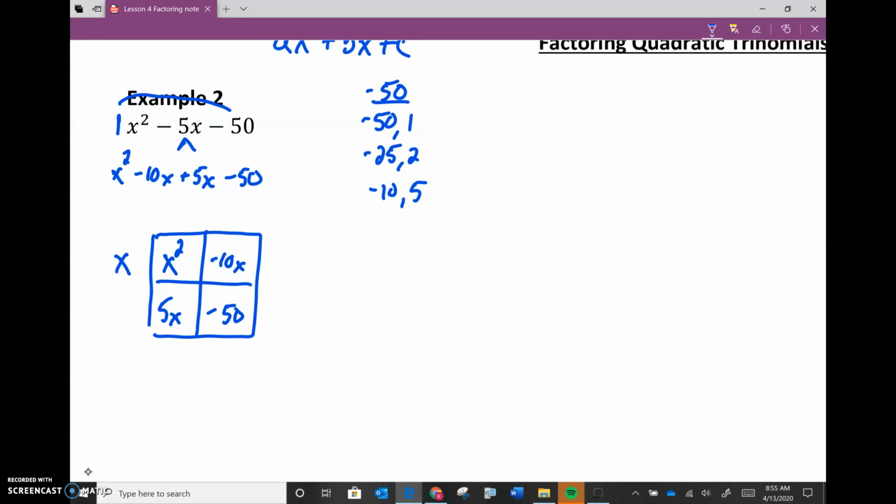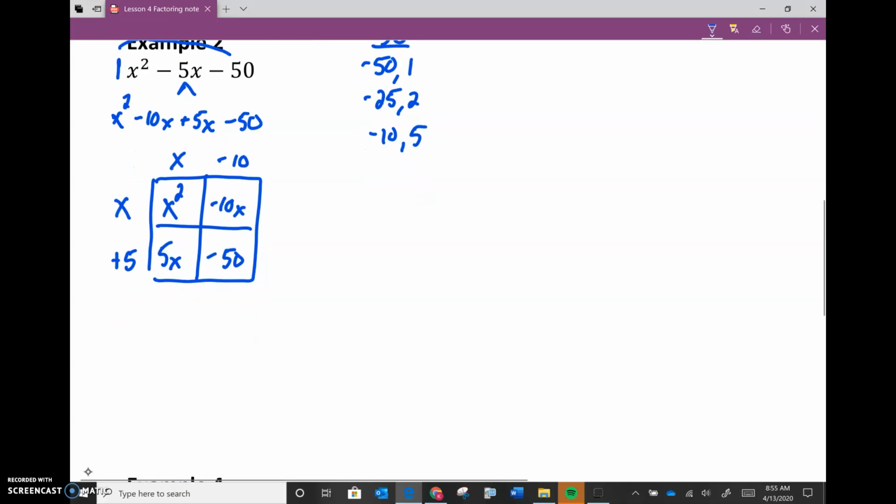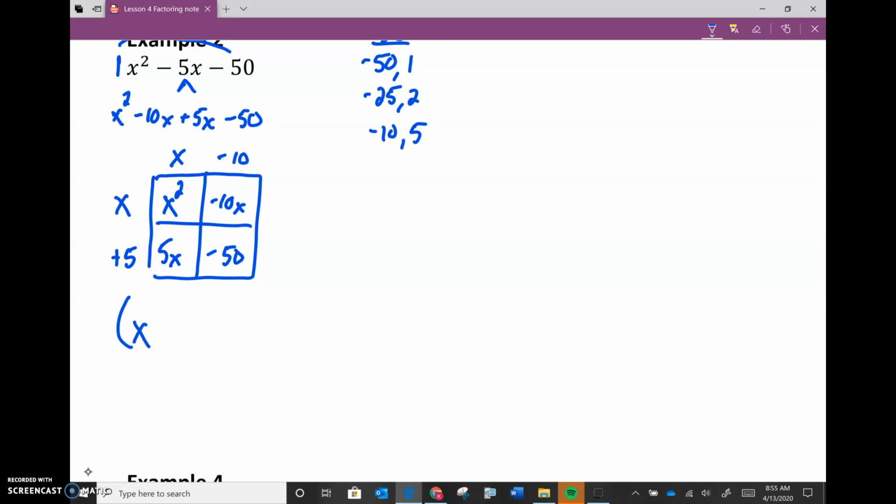So if that's x, this has got to be x here to get x squared, x times x times negative 10 to get my negative 10x, and then lastly x times positive 5 would give us our 5x. And again, you can check those two, make sure those two multiply out to negative 50, and they do. So x minus 10 times x plus 5.